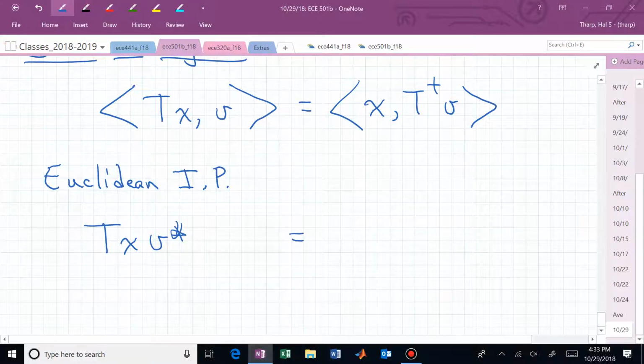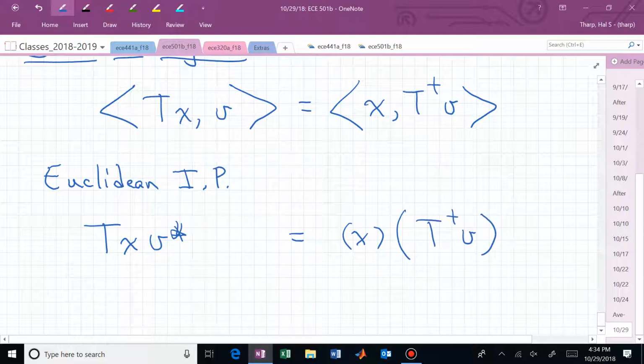And over here, what do I have? If I just follow down what I have on the right hand side, what can I write down? I have x times T dagger v conjugate. Is everybody comfortable with that? All I'm doing is using the Euclidean inner product, based on this relationship that defines the adjoint of the linear map T.